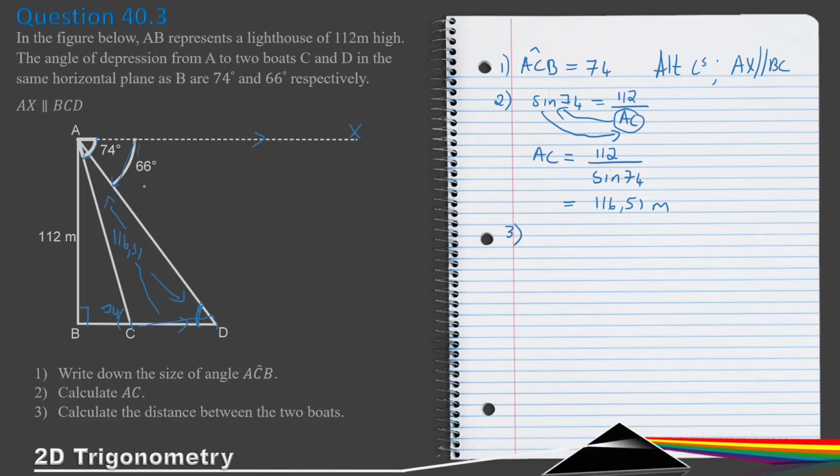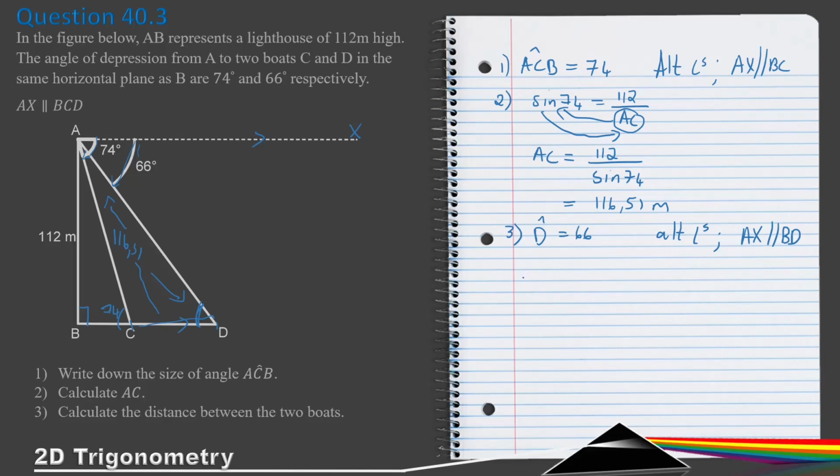It's easy to find both of them because we can use alternate angles again. So D is 66, alternate angles, whereas AX is parallel to BD. Then to find this small angle over here, we can see that if you subtract the smaller angle from this bigger angle, you'll be left with the angle we are interested in.